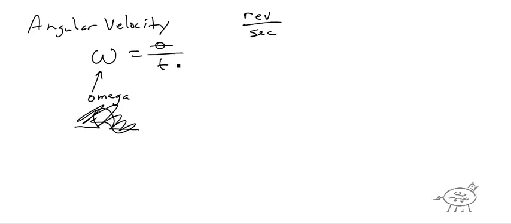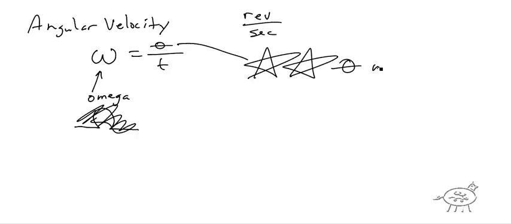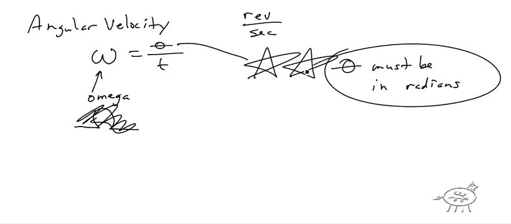But the only thing, and this is super important, I'm going to put a couple of stars next to it: theta must be in radians. Theta's got to be in radians in order to use that. It's good to recognize it.